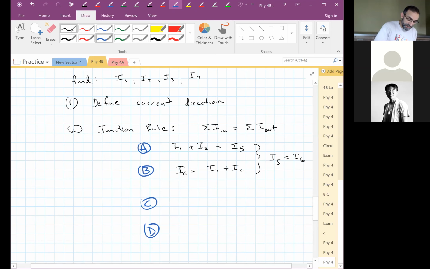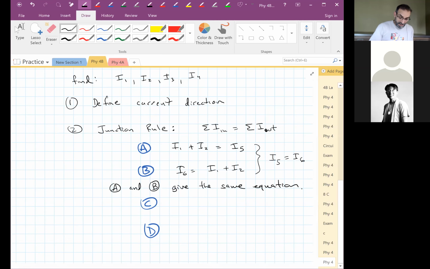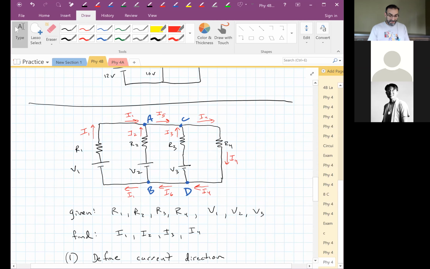Let me write in here. I'll write this. A. So C tells us that I3 plus I5 is equal to I4.